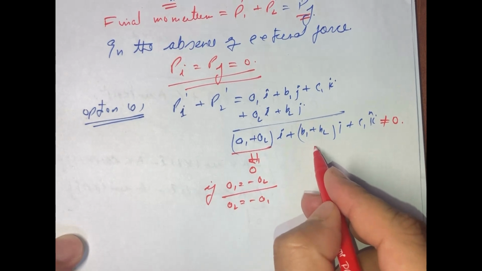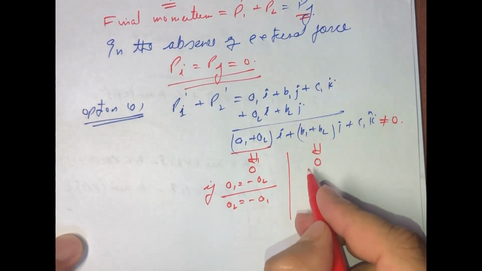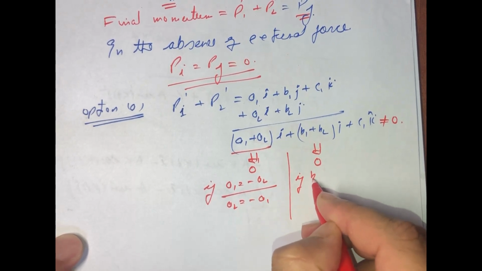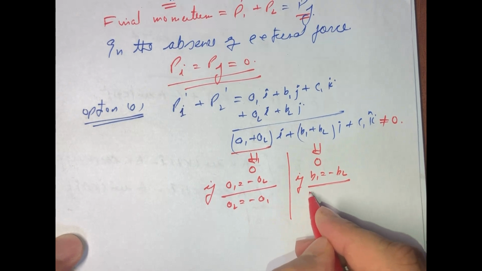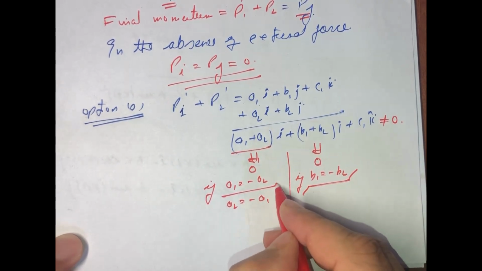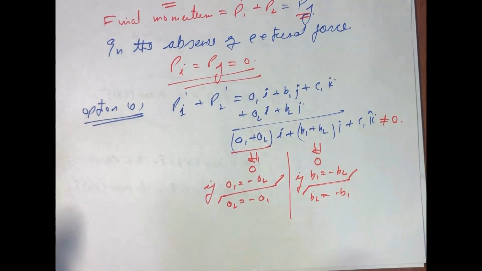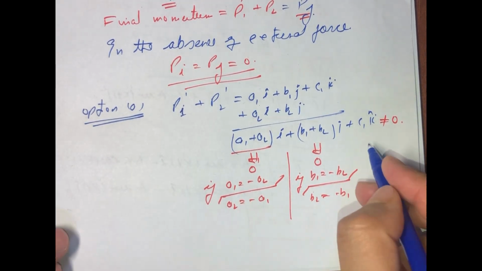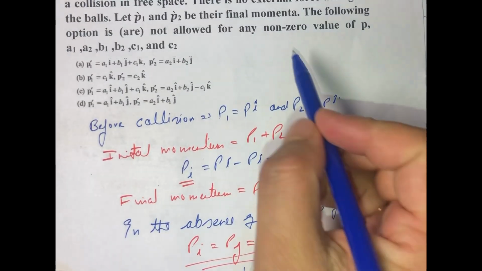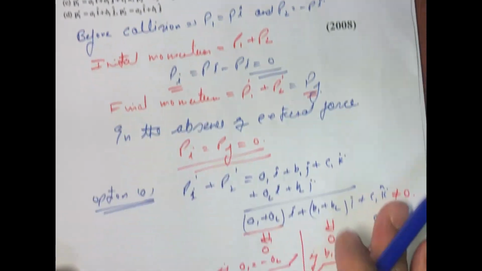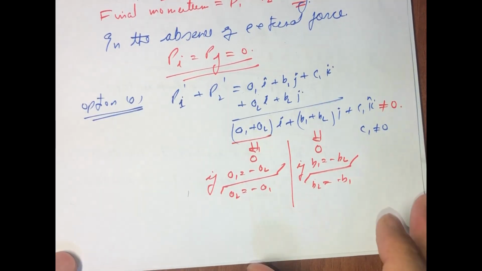The second term can also be equal to 0 under the condition that B1 is equal to minus B2, or we can say B2 is equal to minus B1. But the C term cannot be equal to 0 because it is said that these are non-zero values. Therefore, their summation cannot be equal to 0.